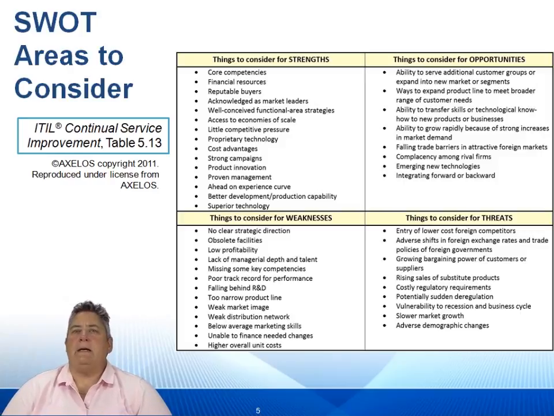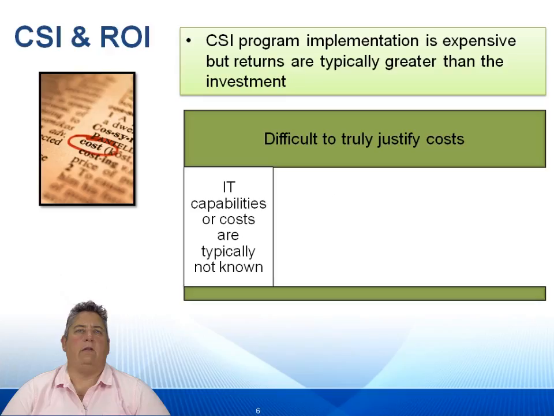Threats could be your lower cost foreign competitors, or regulatory requirements that have now increased your costs. Market growth, which is slower than anticipated, etc. So all of these areas, and you start thinking about PESTLE analysis, where you're looking at political, socioeconomic, legal, environmental, those types of areas, and how they can impact your organization, are things to consider in a SWOT analysis.